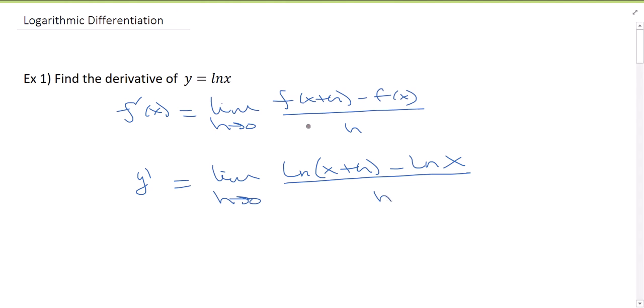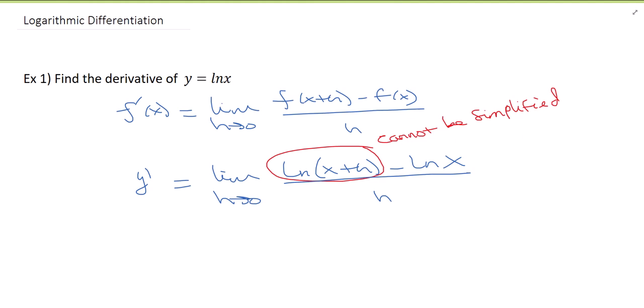But the problem with the definition here is that we do not have a property of logarithms that tells us how to split up a sum. So this cannot be simplified, and we can't use the definition of the derivative here.